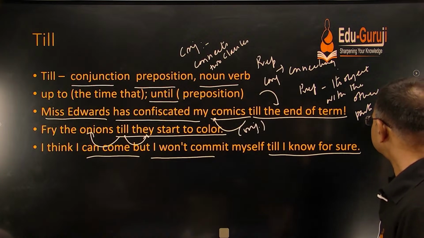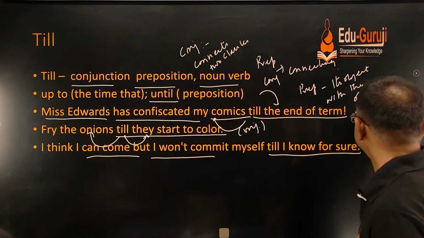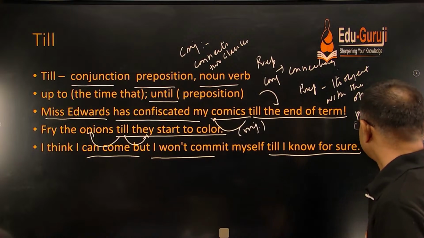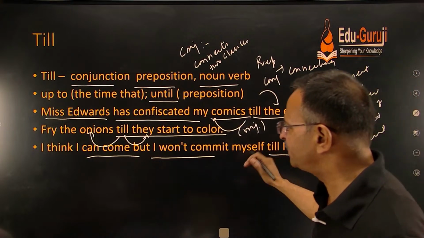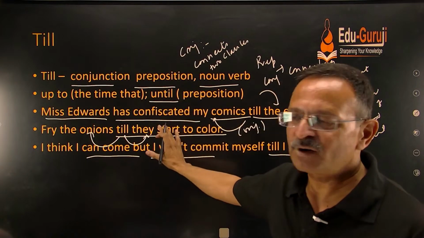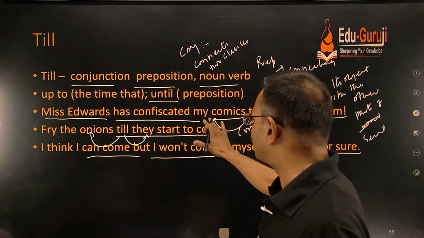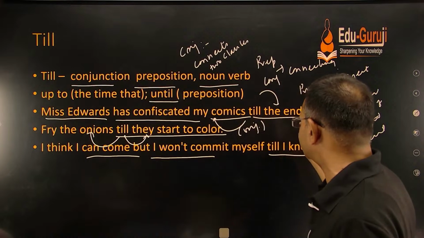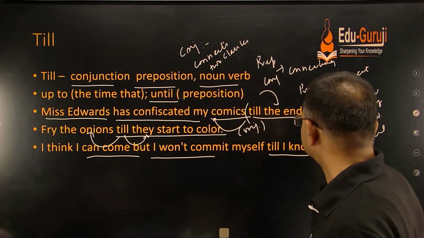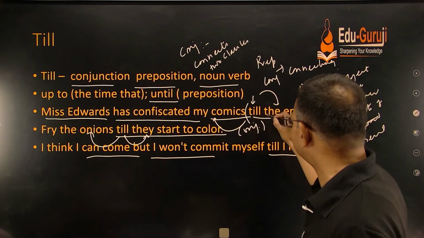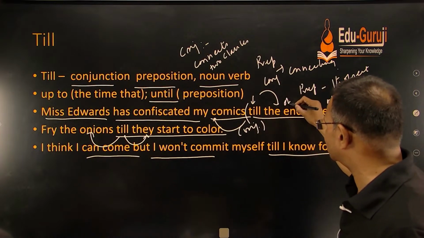Other parts of the sentence, I'll explain here. Look at the first example: Miss Edward has confiscated my comics till the end of the term. So this is the preposition here, and this is its object.